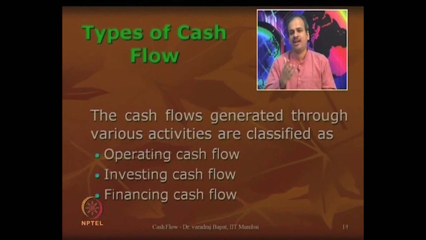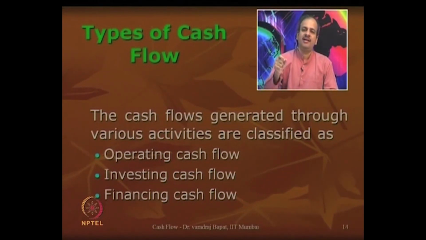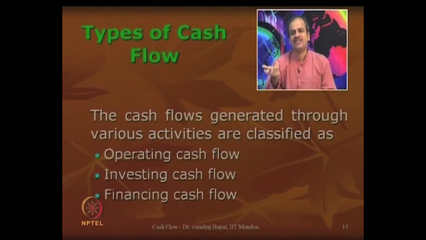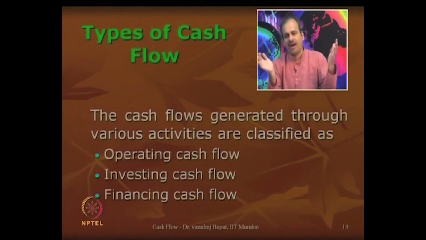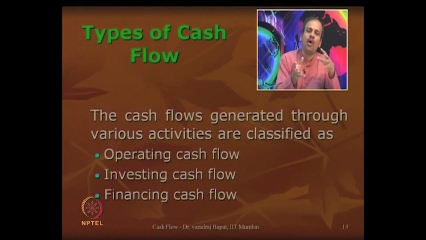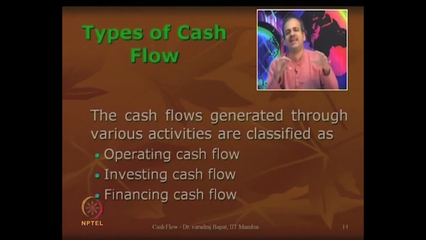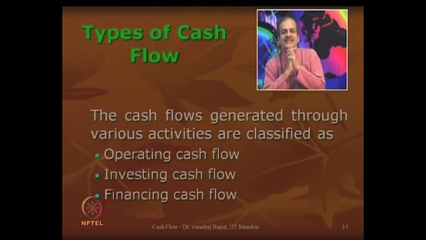If I am a software company, I give my software on license, so I will receive some license fee, that's a operating cash flow. If I pay, say, for maintenance, it's a operating cash flow. So in cash flow, we are not going to categorize receipts and payments separately. All activities which are related to operations will be categorized as operating cash flow.